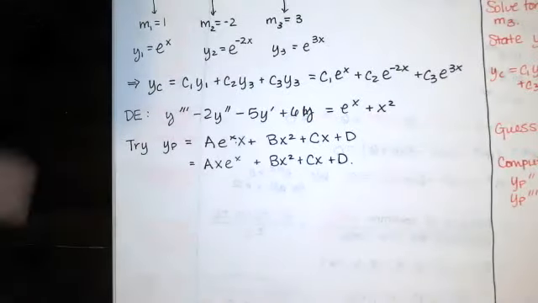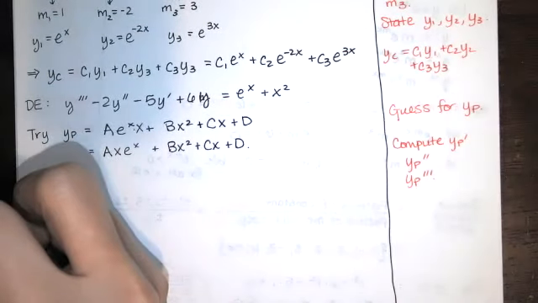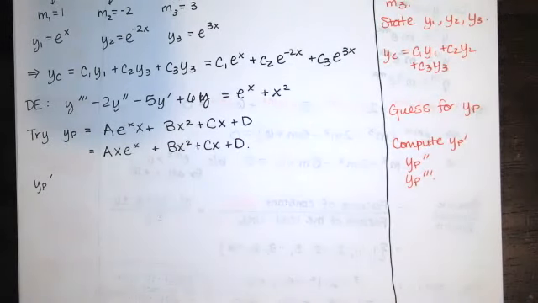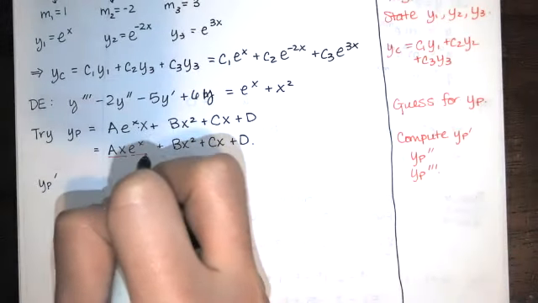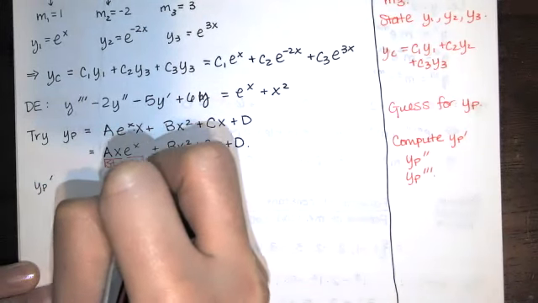Now, for y sub p prime, for this first guy here, I need to use the product rule. So I've got a product of two functions. This is my first function and that's my second function.